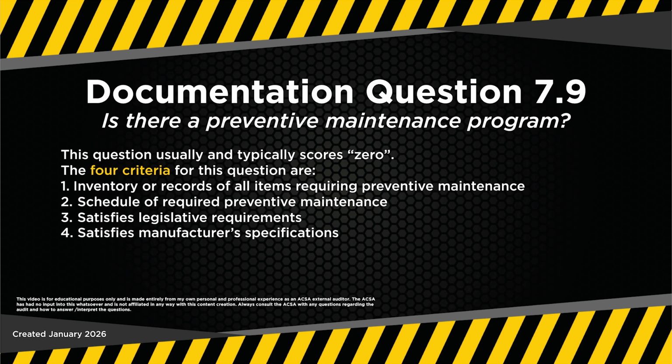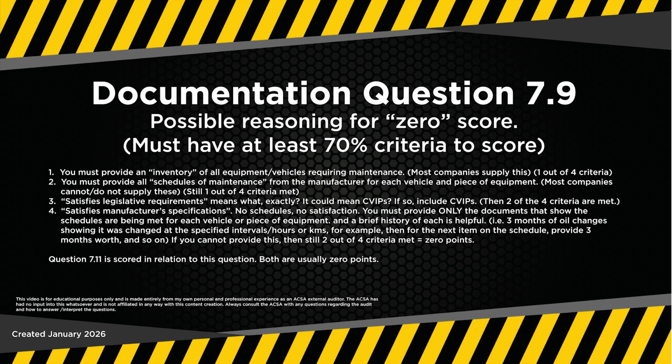And so typically 1 out of those 4 criteria is met just by having the inventory. Secondly, you must provide all the schedules of maintenance from the manufacturer for each vehicle and piece of equipment. Most companies cannot or do not supply these, and so you're still left with 1 out of the 4 criteria. But if you do have all of those available, then you could score 2 out of 4 so far.